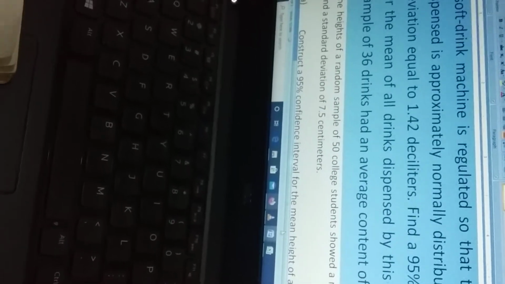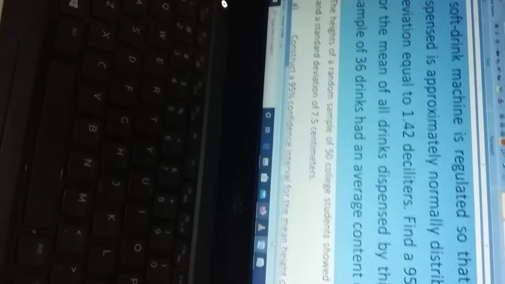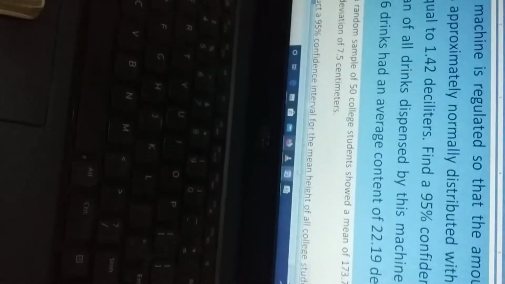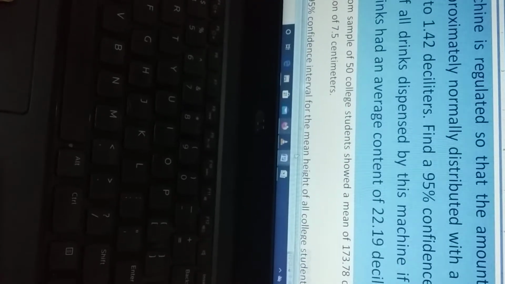Coming to the question: a soft drink machine is regulated so that the amount of drink dispensed is approximately normally distributed with a standard deviation equal to 1.42 deciliter. Find a 95% confidence interval for the mean of all drinks dispensed by this machine if a random sample of 36 drinks had an average content of 22.19.